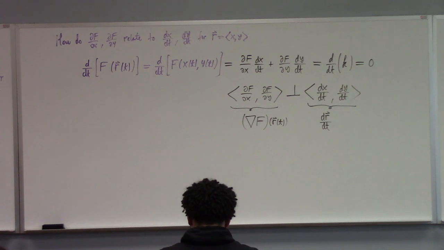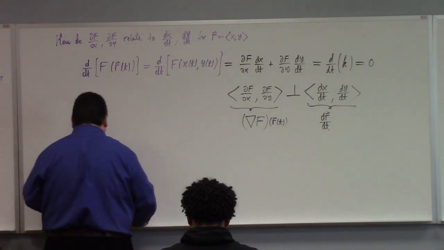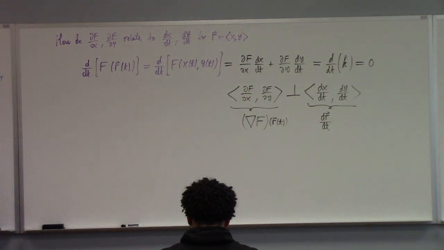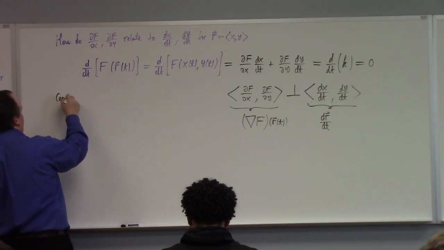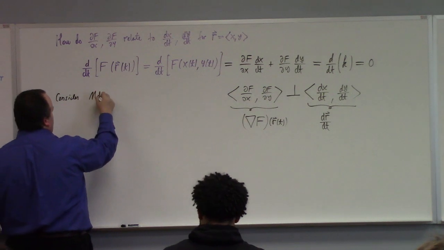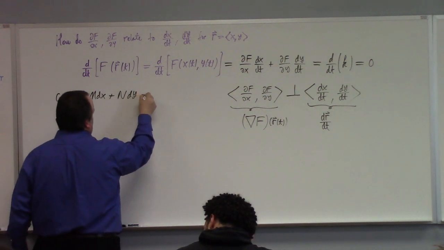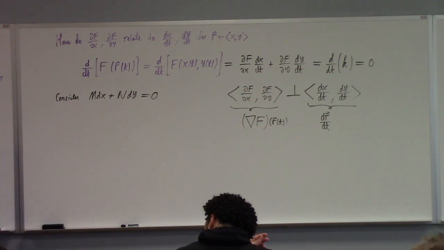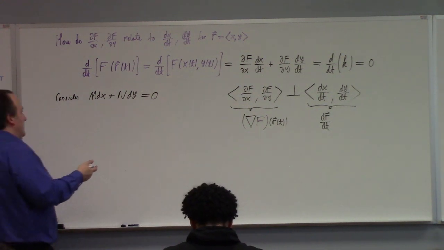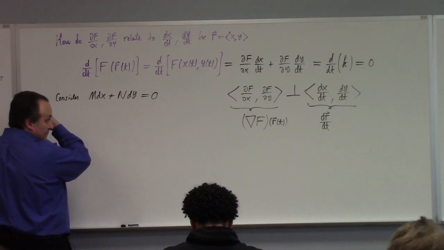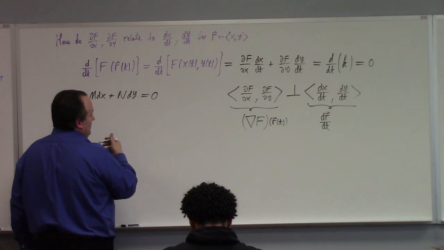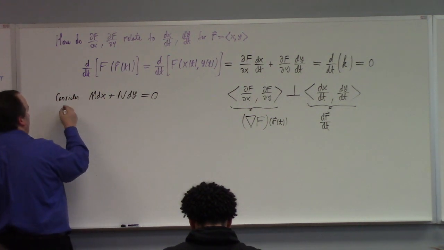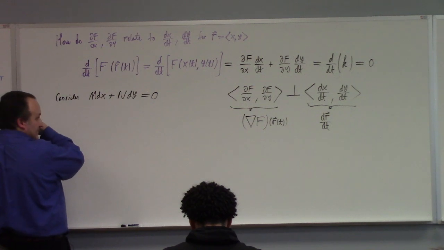Now, let's see here. So let's try to apply that. Like, suppose you have an exact equation. Okay, so with all this in mind, consider m dx plus n dy is equal to 0, right? If that's the case, then what can we say about the solution to this as it relates to m and n?